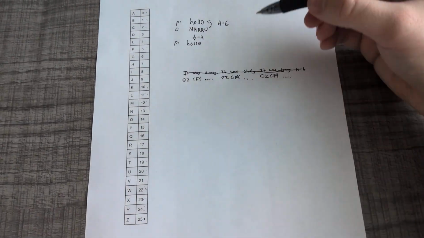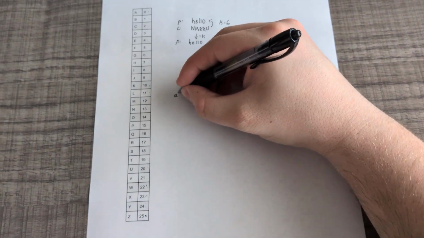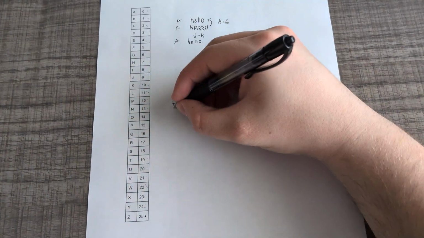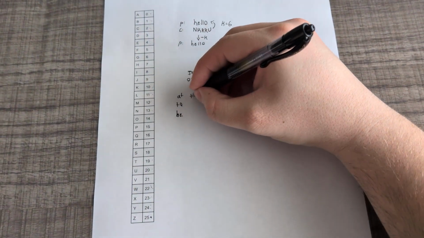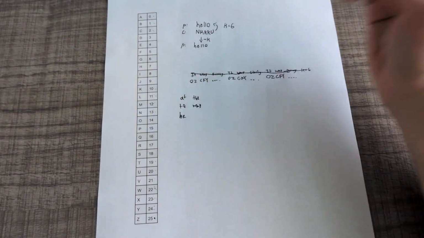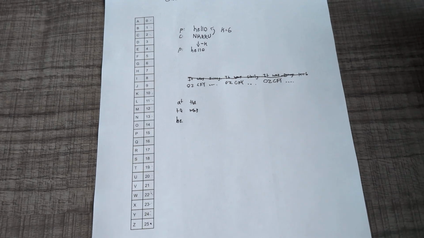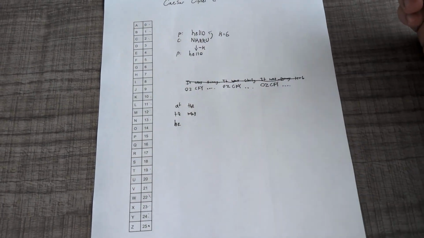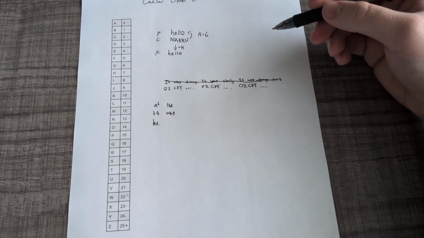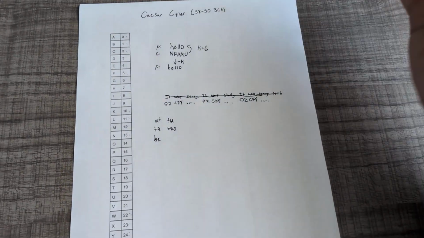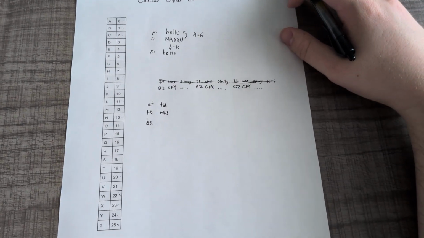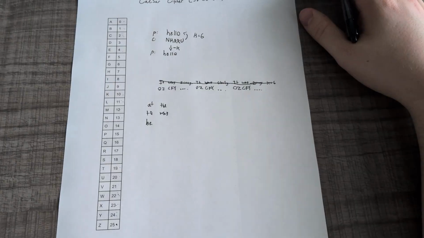So you could look through things like at, to, be for the two-letter words, and the, was, for the 3-letter words. It may take some time, but it's pretty easy to attack a Caesar cipher if you just have a pencil and paper and you know the language of the plaintext.